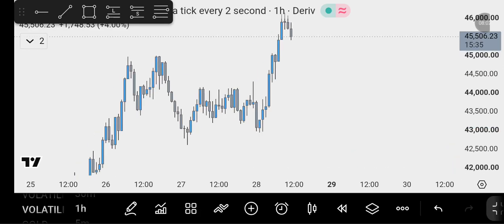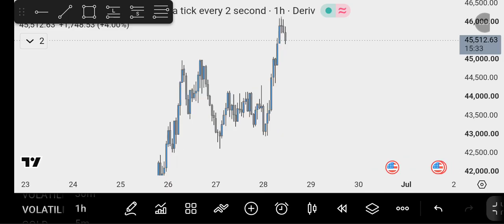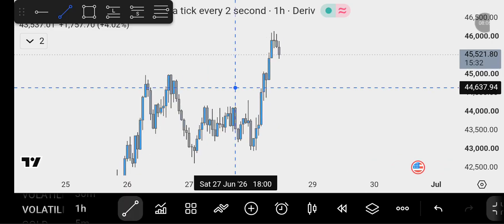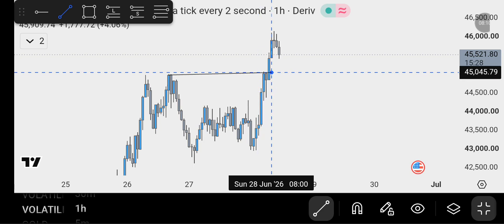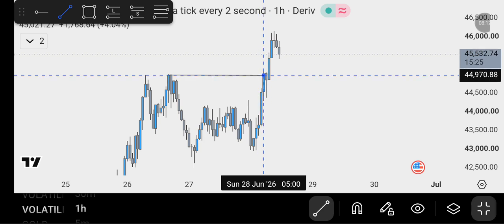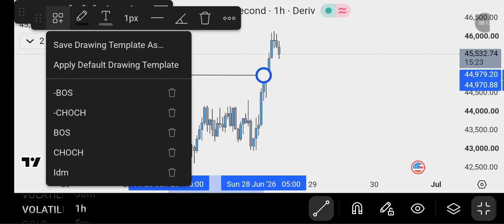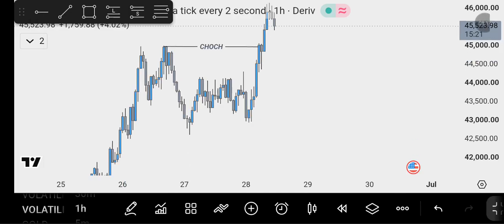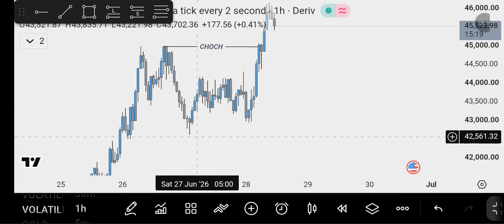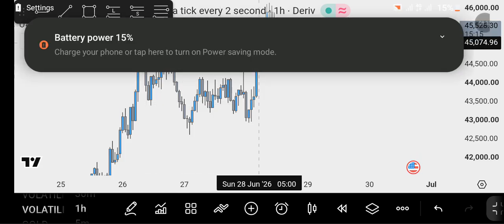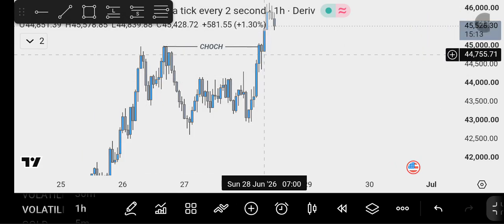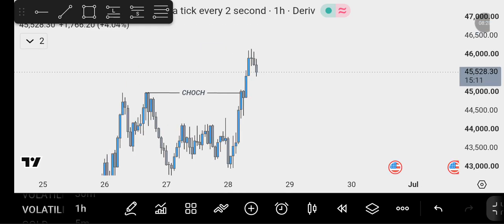Actually, if I'm me at the moment, what would I think is going to happen next? Well, we have a shift. As of now, we have a change of character. Why? Because this was a break of structure to the downside. It actually was also a change of character. And now look, we have a change of character to the upside.